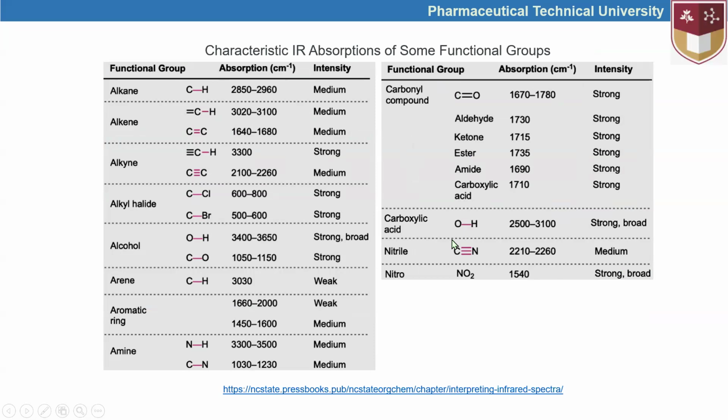Okay, this is about the strength of the intensity. What we have to understand from this table is that the intensity of absorption at different wave numbers in different compounds like alkanes, alkynes, alkyl halides, alcohols, or arenes, aromatic rings, and amine groups differs from each other.